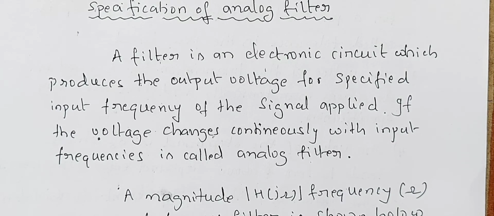That is called an analog filter. And of course, there are two types of filters. One is called passive filter. Another is called active filter.